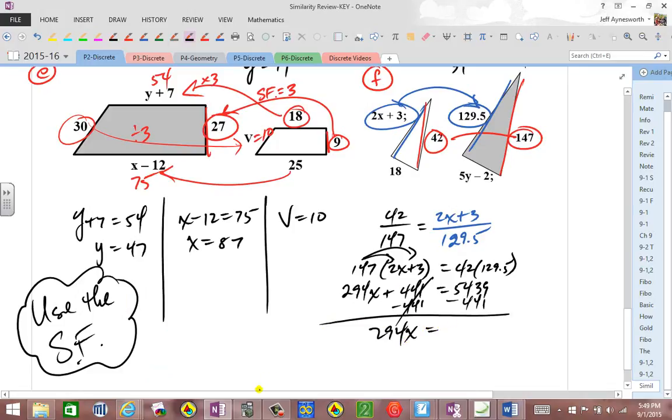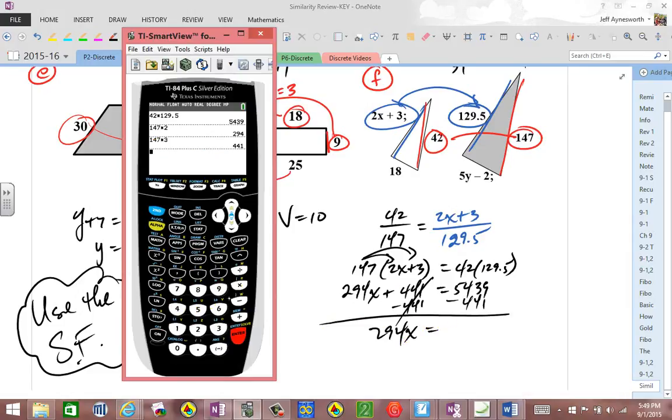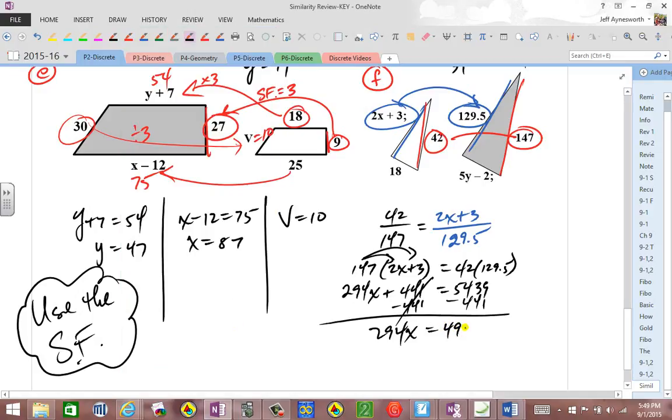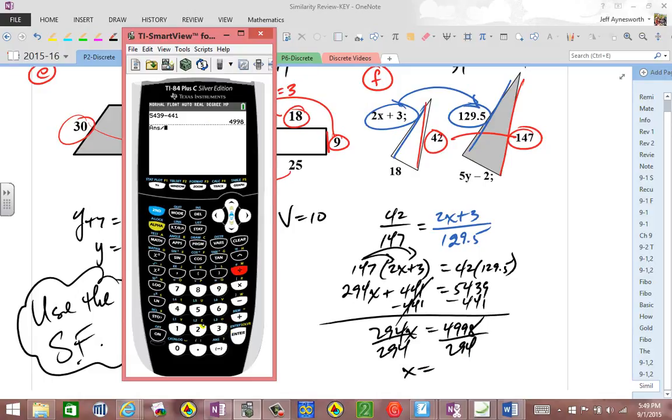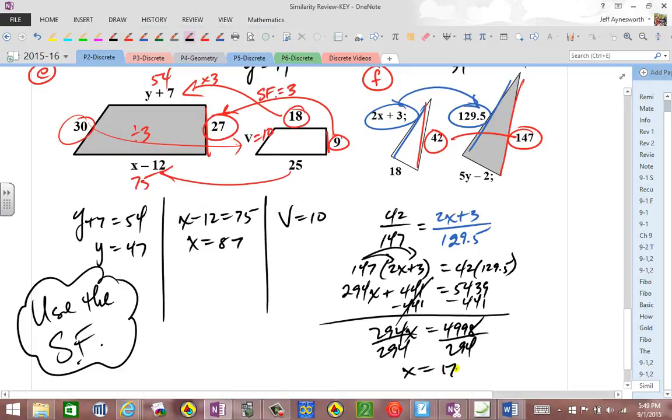So let's clear this out. 5439 minus 441. Okay, you get 4998. 4998. Divide by 294. Let's see what happens here. Oh my God, you get 17. How about that? Okay, so you get 17 there.